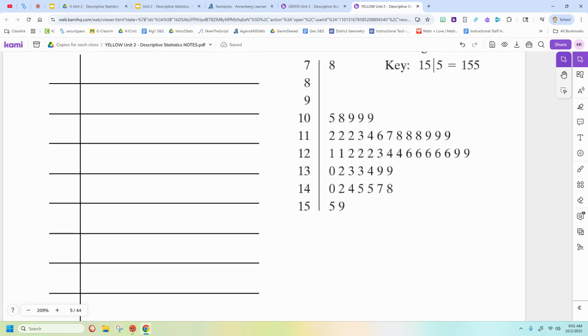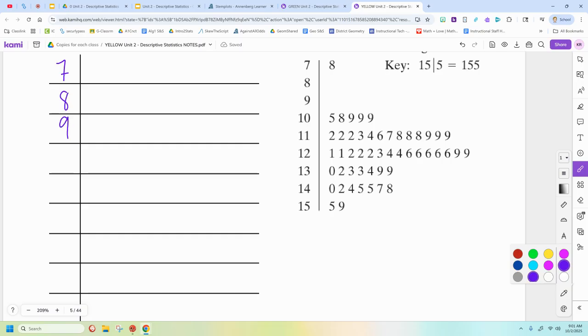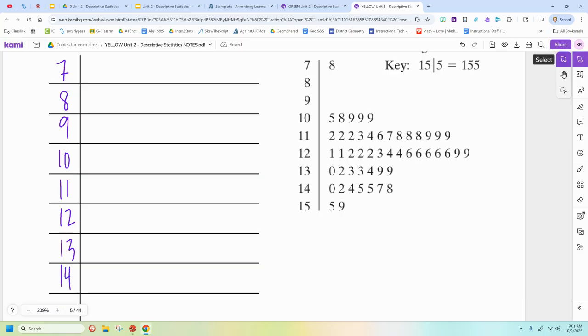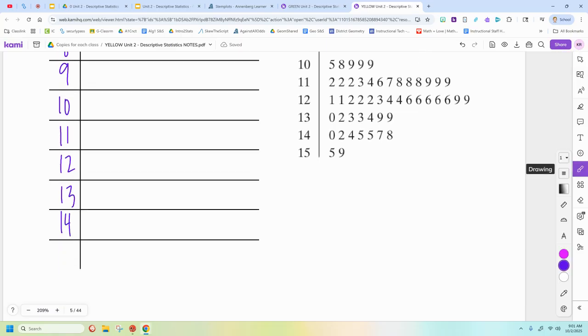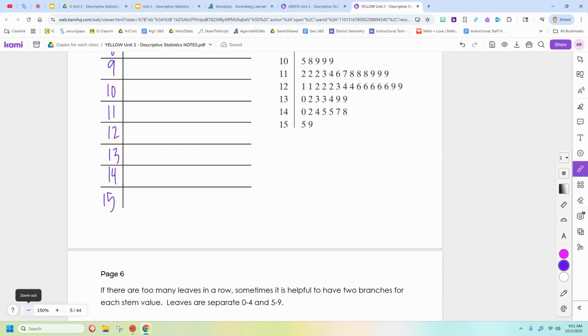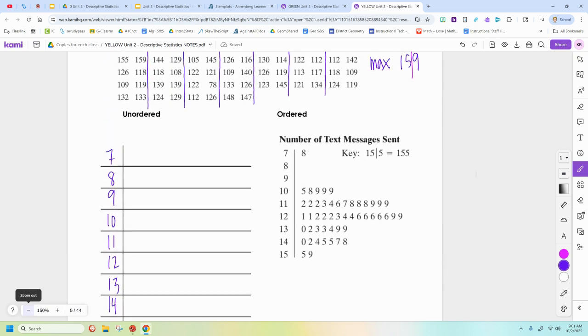That way, when you have to do a full one, you understand the process. So we start off with our stem: 7, 8, 9, 10, 11, 12, 13, 14, 15. And then I'm going to back out and look at my data. Okay, so here we go.